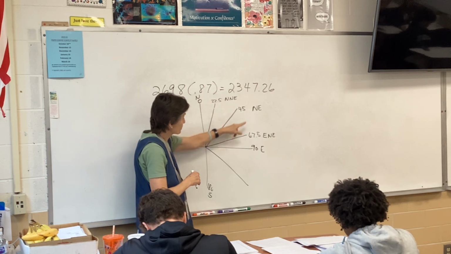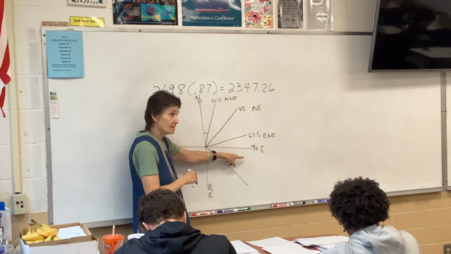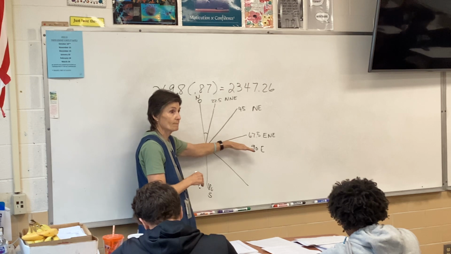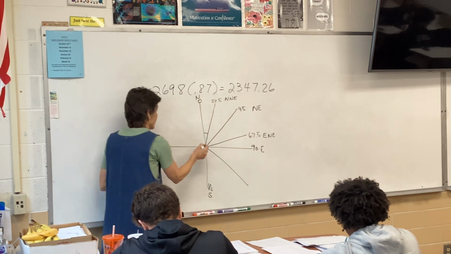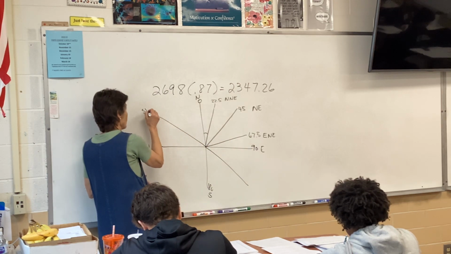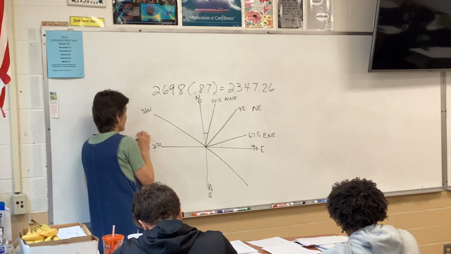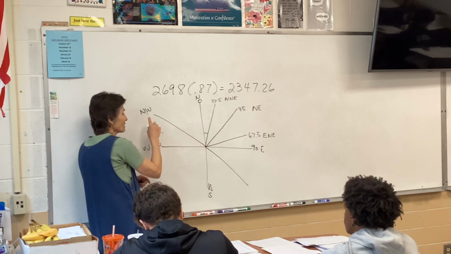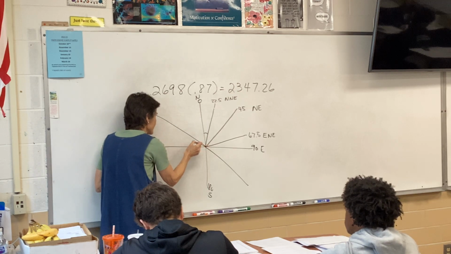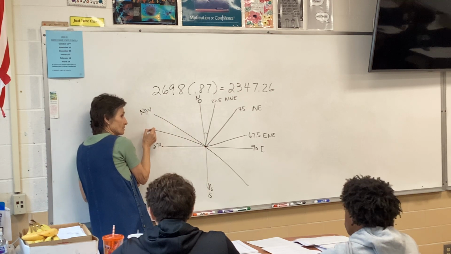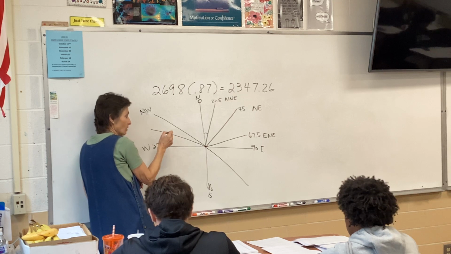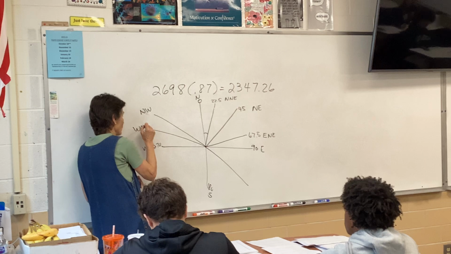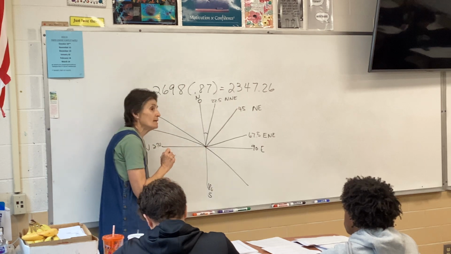This one is in between northeast and east, so it is called east-northeast. So let's look over here. This would be southwest. Northwest, maybe? That would be northwest. If I split this right here, I can find the angle, but what would this one be called? West-northwest. West-northwest, that's exactly right.